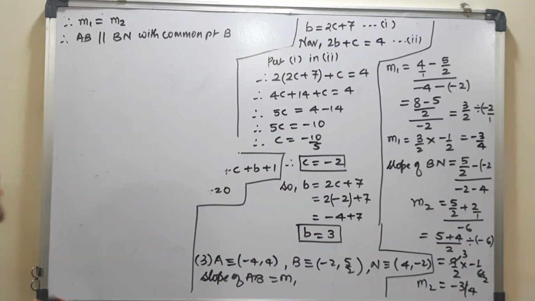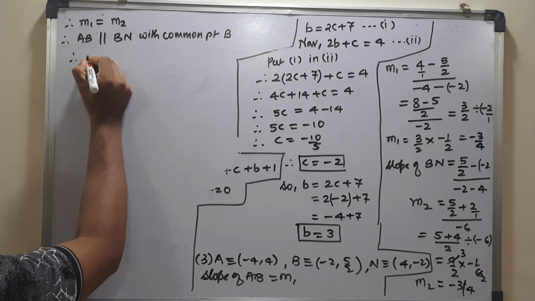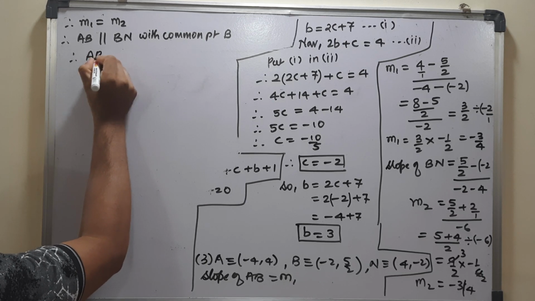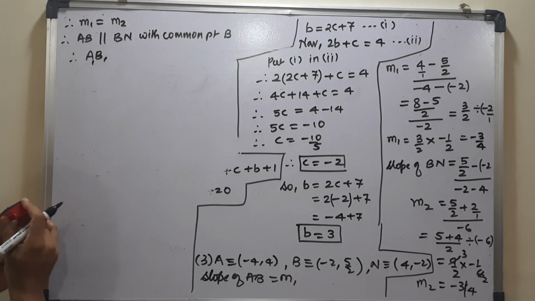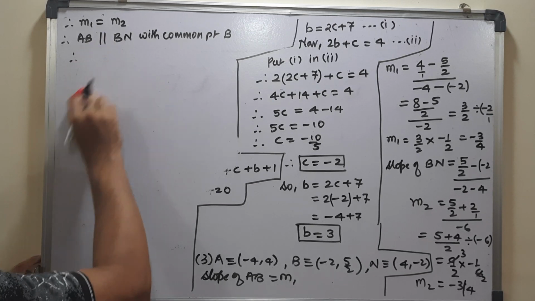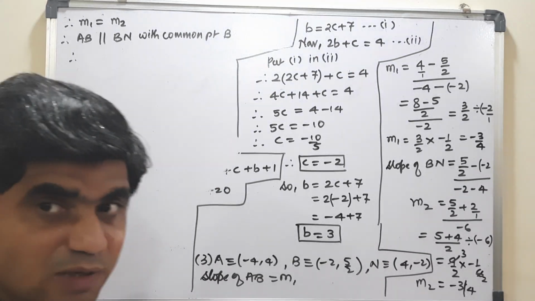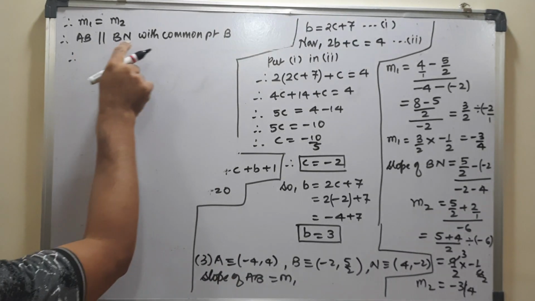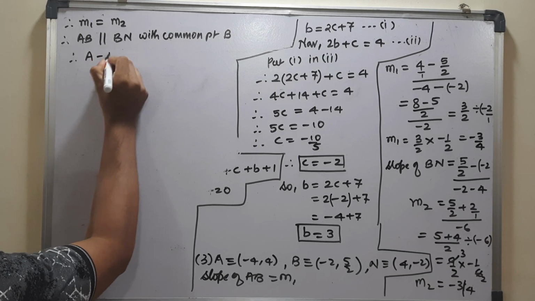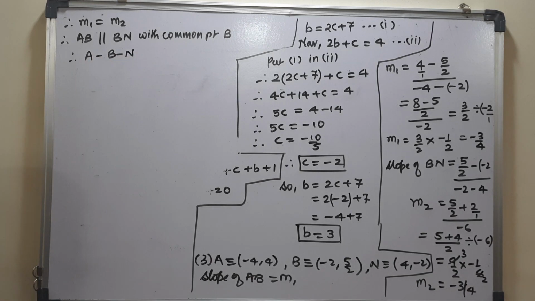So therefore A, B and N are collinear, and B comes between the other two. Hence this can be written in this way also, and we also came to know which point lies between the other two.